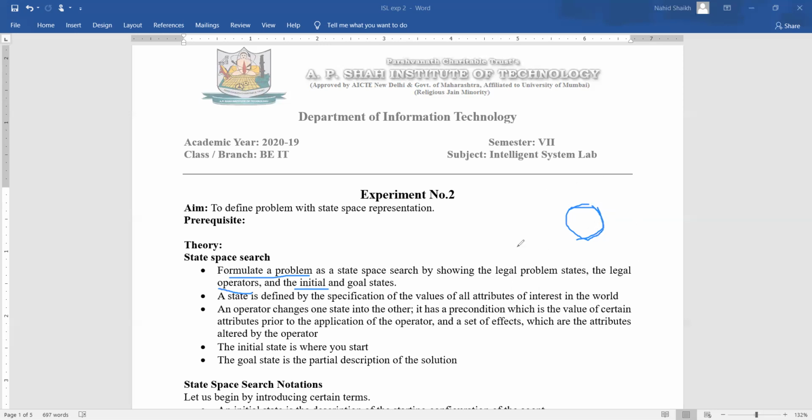That can be included as a state. And that is your interest when you are building the states.